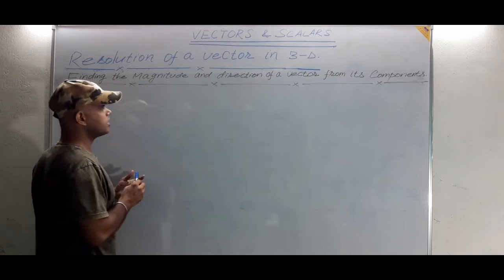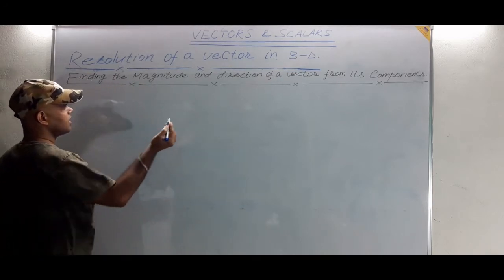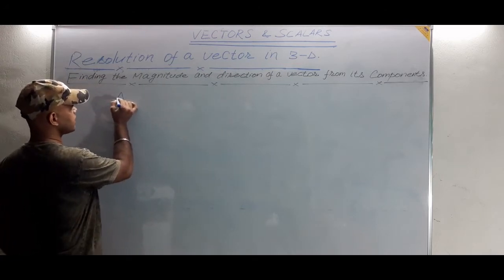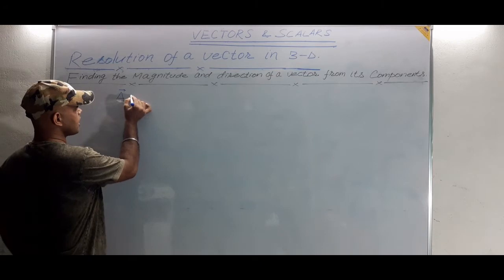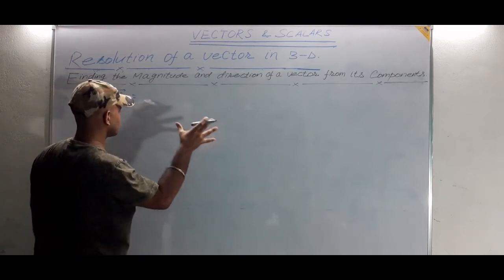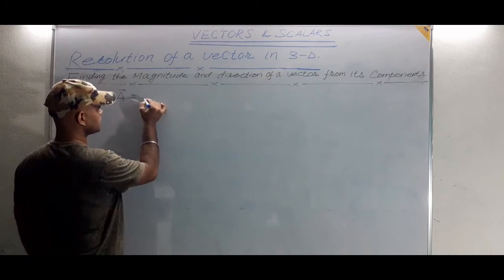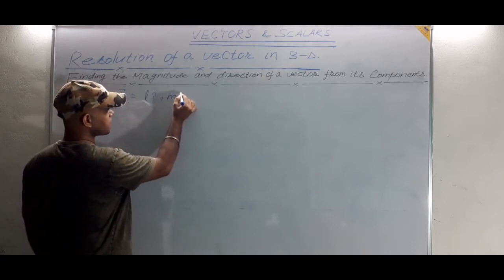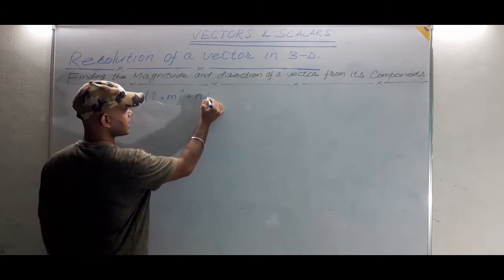Means more clearly you can see it like this. Let's take some vector and name it as A vector. Let's say A vector, okay? And it is given in its components form, means its components along x, y and z axis are given something like this: L i cap plus M j cap plus N k cap.